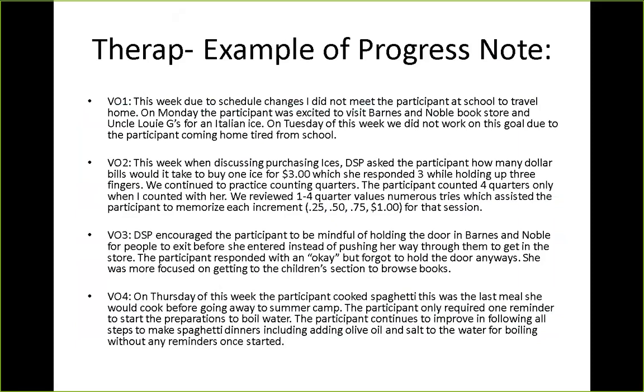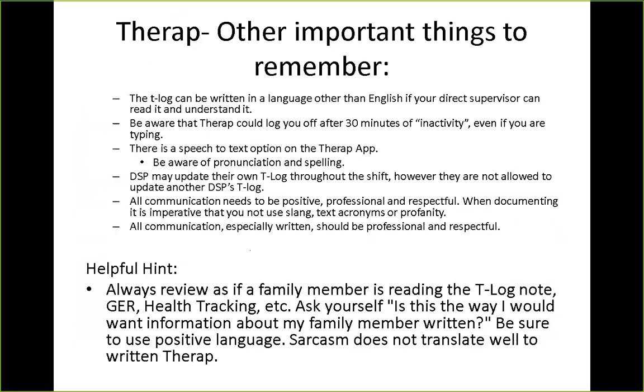On Thursday of this week, the participant cooked spaghetti. This was the last meal she would cook before going away to summer camp. The participant only required 1 reminder to start the preparations to boil water. The participant continues to improve in following all steps to make spaghetti dinners, including adding olive oil and salt to the water for boiling without any reminders once started.